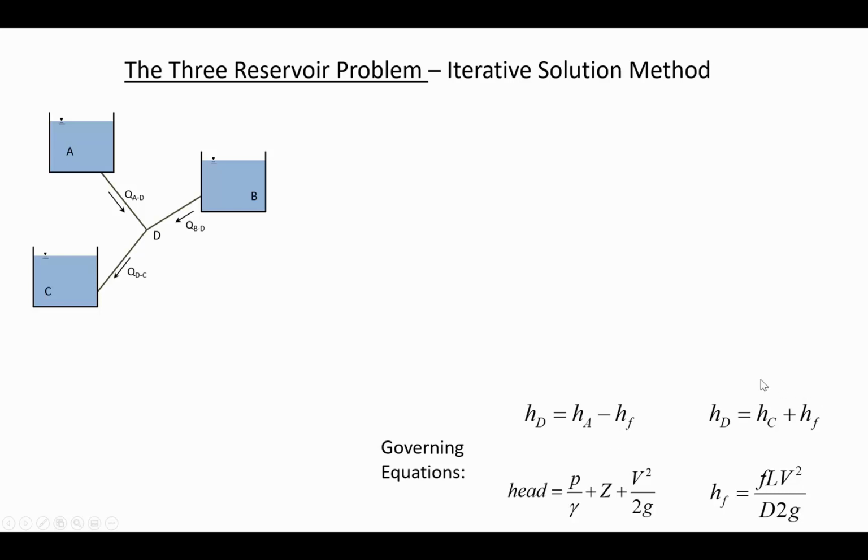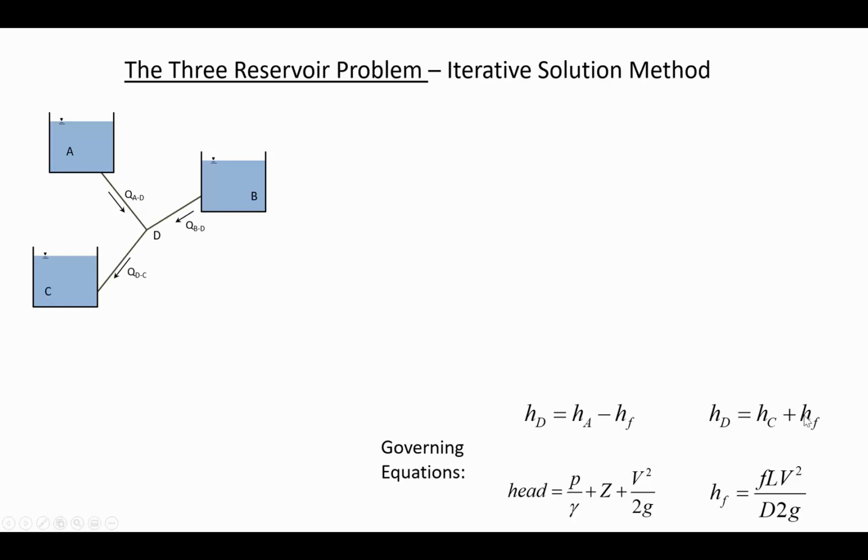In a similar regard, the junction D has a certain amount of head that is the head at C plus the losses. Now it's the plus because we're going against the flow direction. The water is going to go from D towards C, so there must be more head at D. The amount of head at D is however much there is at C plus the losses through the pipe.